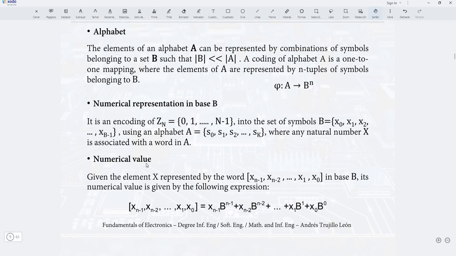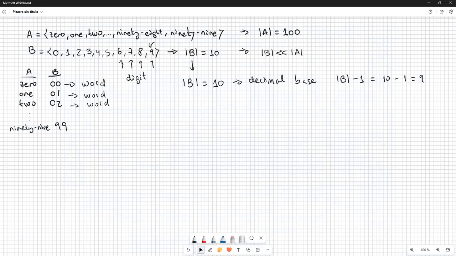The numerical value is fast to obtain doing this mathematical expression, and I'm going to put an example here. For example, we have here this element. This is a word, okay? The word has these three symbols, and we are going to consider the position of each symbol: 0, 1, and 2.